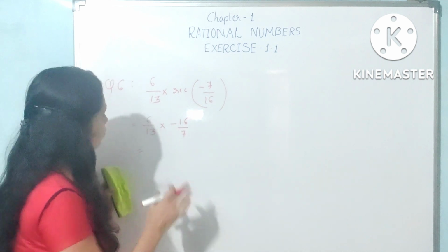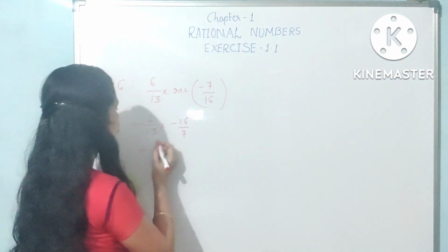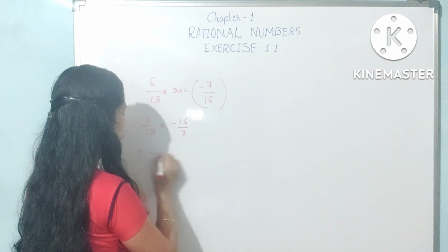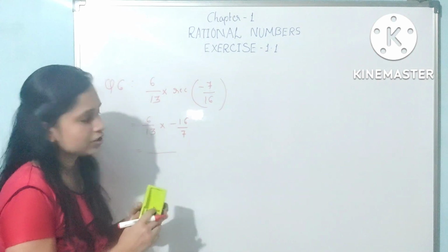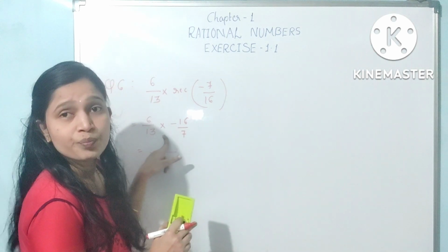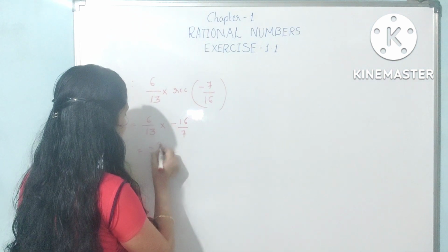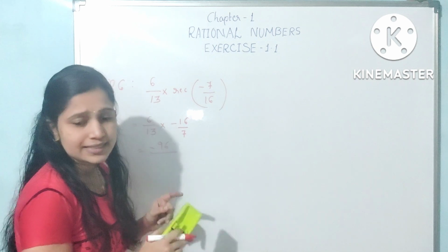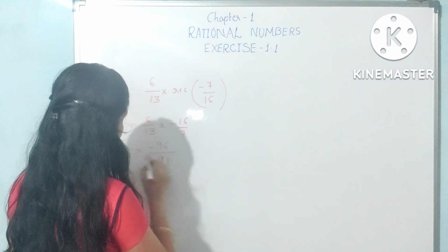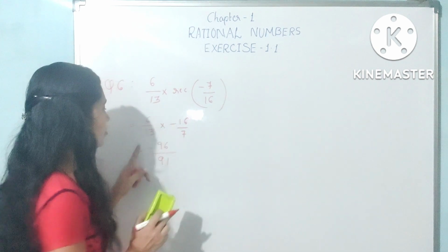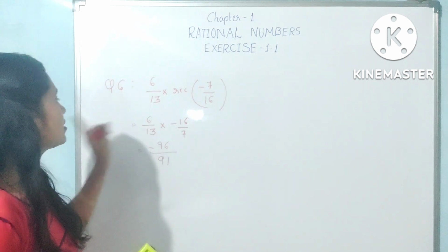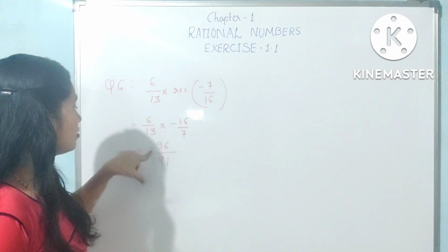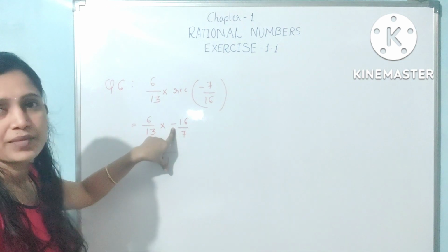So what is the value of this? We have to multiply, right? So 6 into minus 16 is minus 96, 16 sixes are 96, and 13 sevens are 91. Right? Simple. So the answer is minus 96 by 91, we have to write minus here.